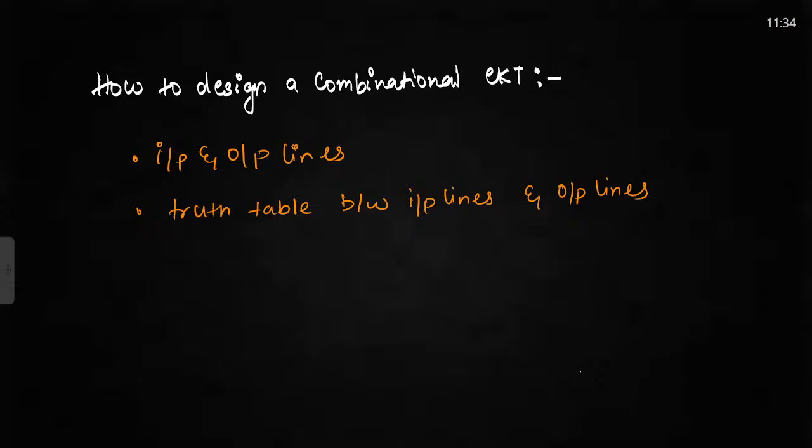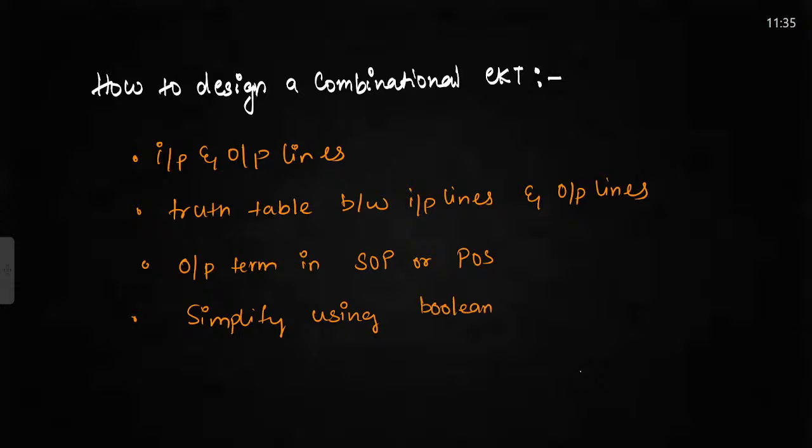Then you need to write the output terms in SOP or POS, and then simplify using Boolean theorems or K-map, whichever is comfortable for you.